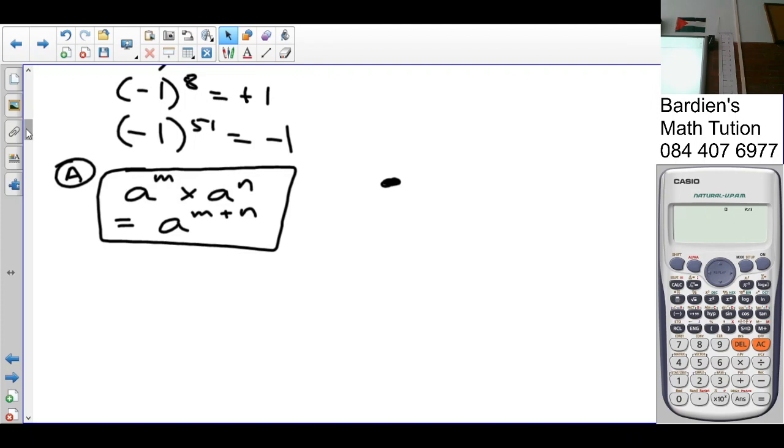Alright, so what's the rule? If you multiply and the bases are the same, what is the base in this case? A. You multiply and bases are the same, add the exponents.